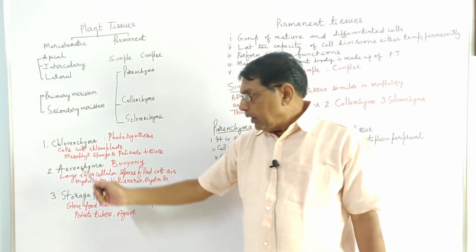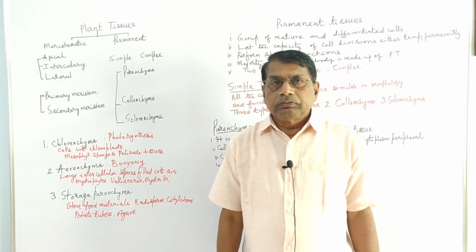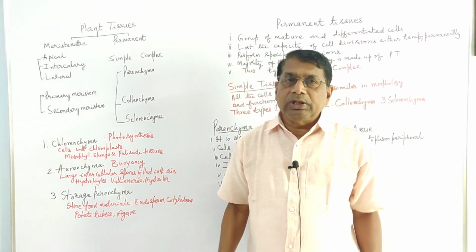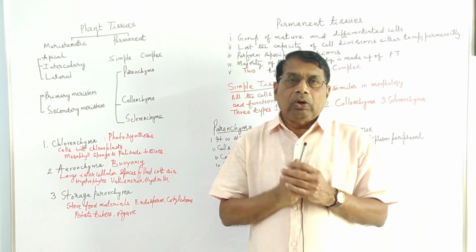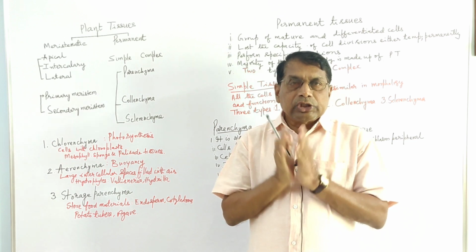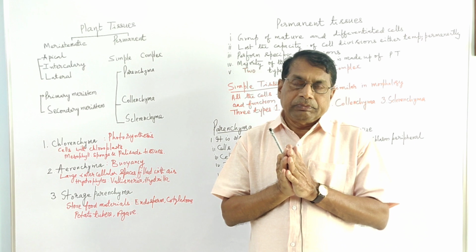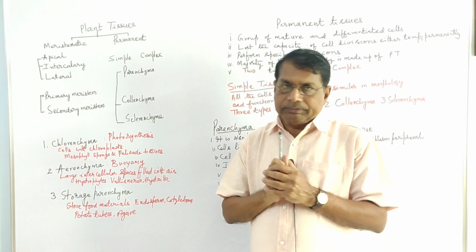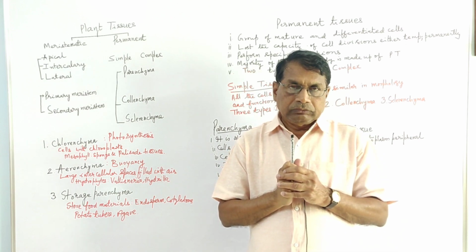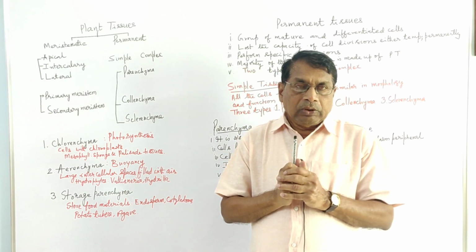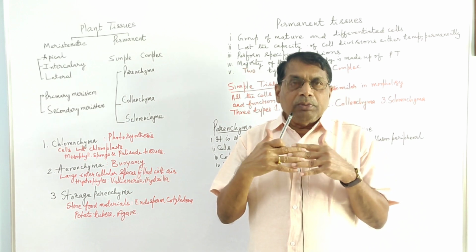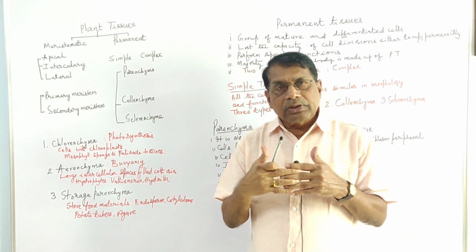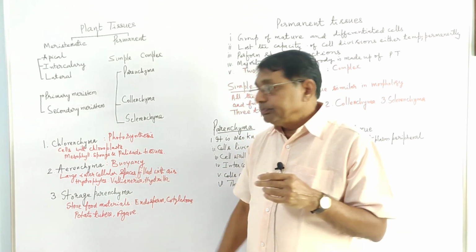Aerenchyma, from air. These have large intercellular spaces in between the cells. These intercellular spaces are usually filled with air. Therefore, this tissue is useful for transpiration, for exchange of gases, and for providing buoyancy.